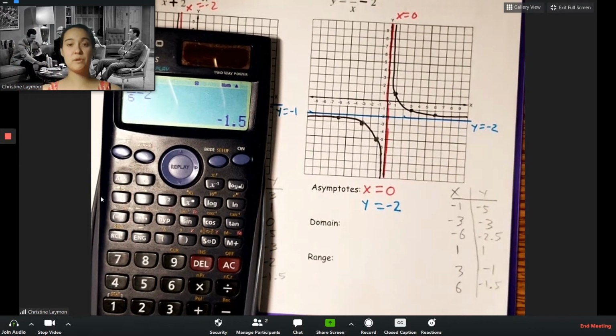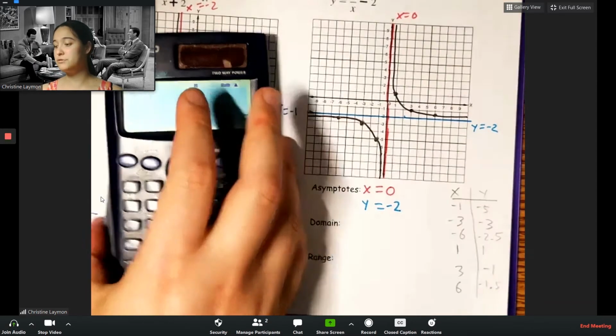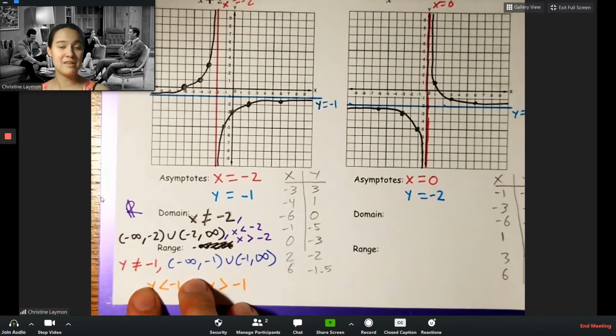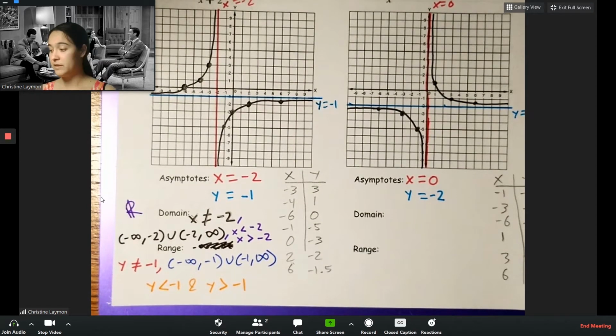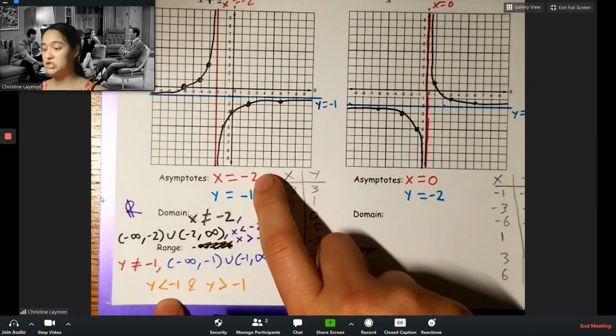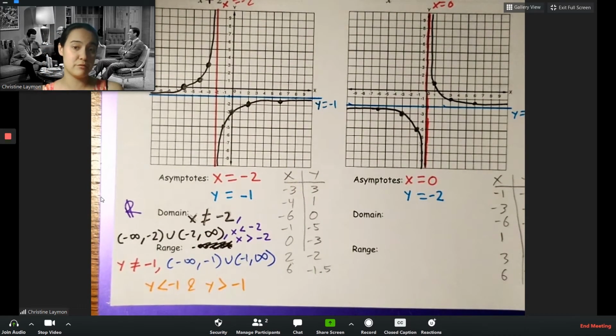Okay, so we've sketched our graph. Let's go ahead and do domain and range. And again, you can pick from which method you want to do. The easiest method is to use the reverse of this. Notice that the first thing I wrote is just the opposite of the asymptote, because it tells you that it's all real numbers, but that one thing.